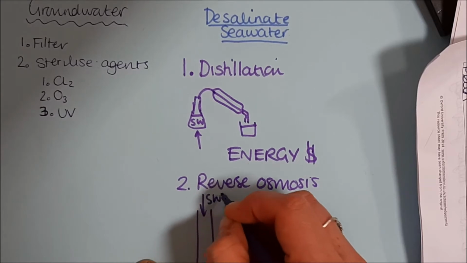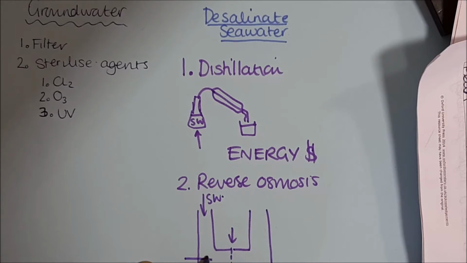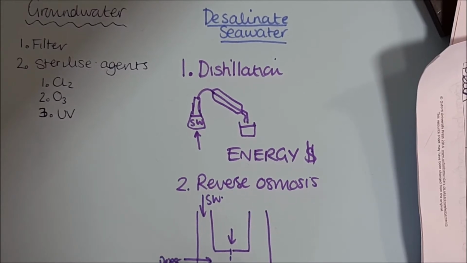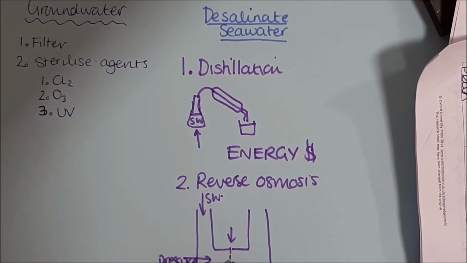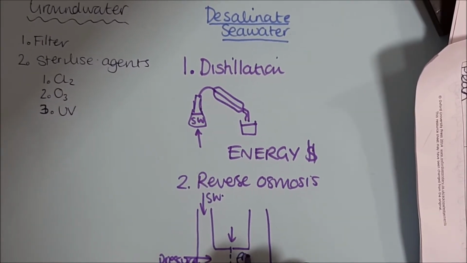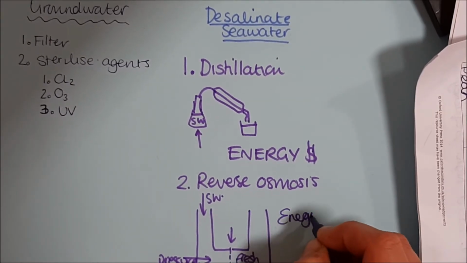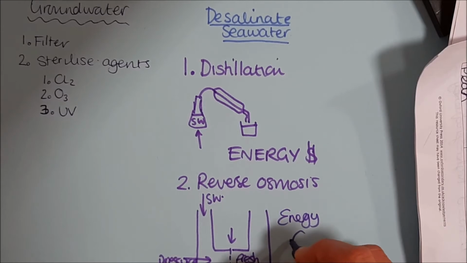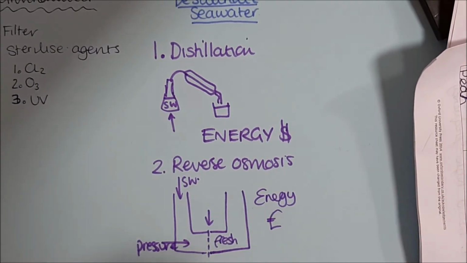My seawater goes in here, and a lot of energy is required to cause pressure to push the salt water across this membrane. The salt particles are too large to go across the membrane, and so fresh water is produced here. To produce the pressure, again, we need energy, which again is expensive.